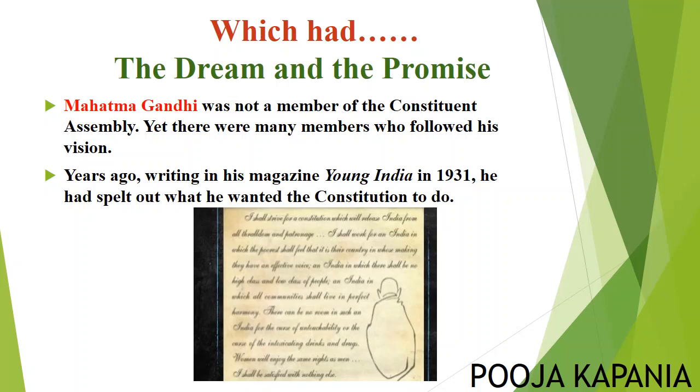Mahatma Gandhi was not a member of the Constituent Assembly, yet there were many members who followed his vision. Years ago, writing in his magazine Young India in 1931, he had spelled out what he wanted the Constitution to do.